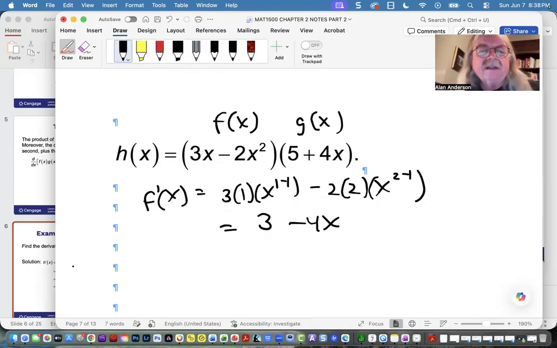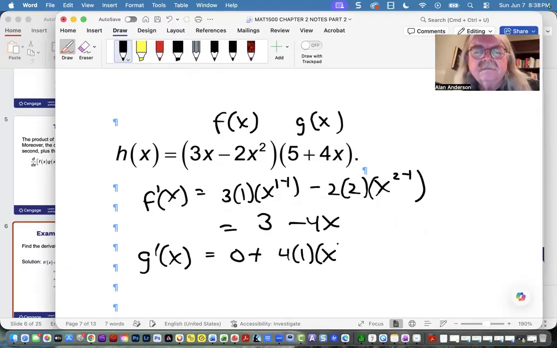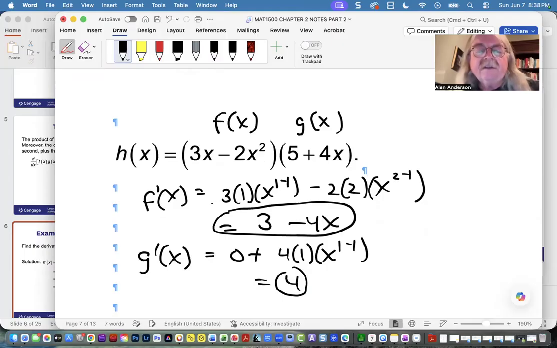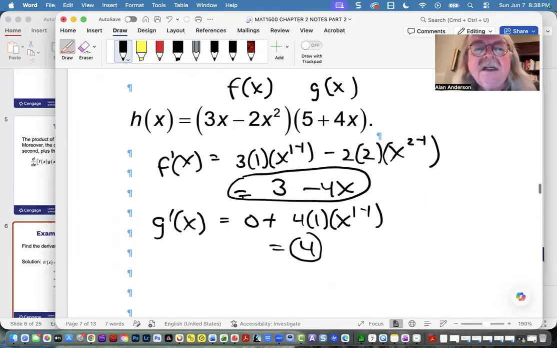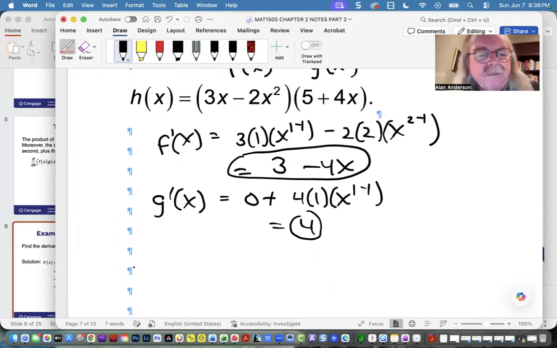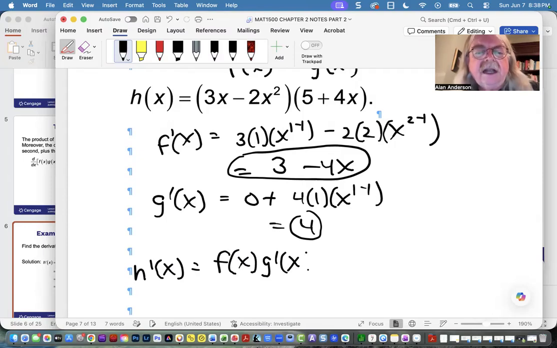And then g prime of x would be, so this 5 is a constant. So this one is nothing but 4. Now we have everything we need. We have the definition of f of x, g of x, f prime of x, g prime of x. We can just plug them into the definition from the product rule, and then we'll see what happens.